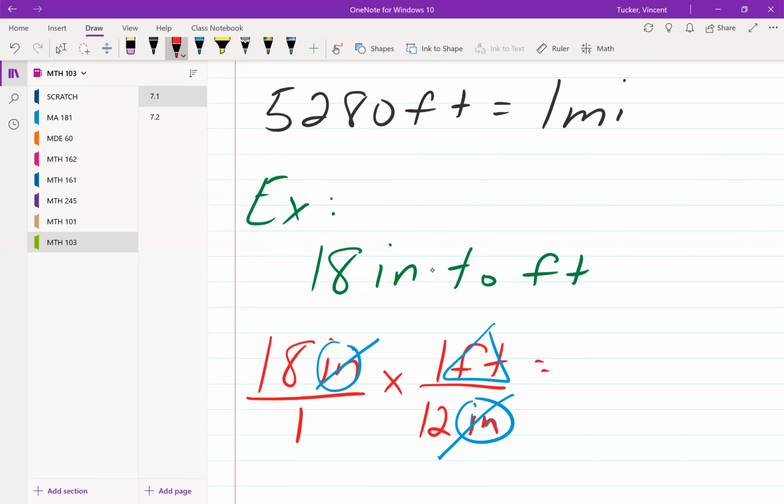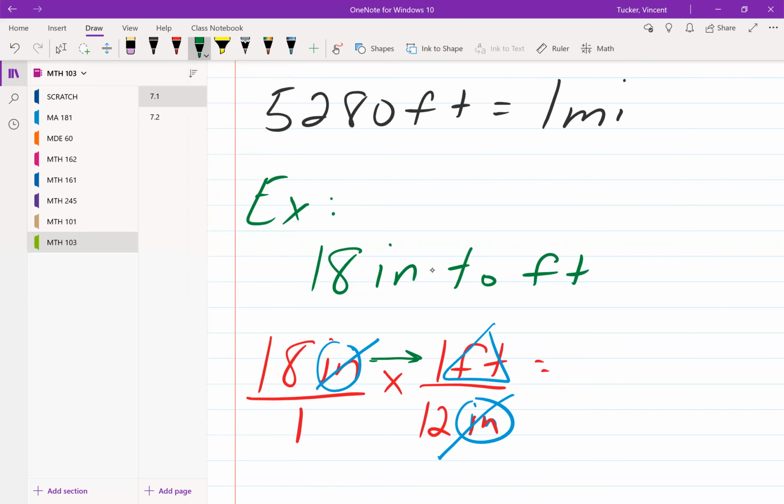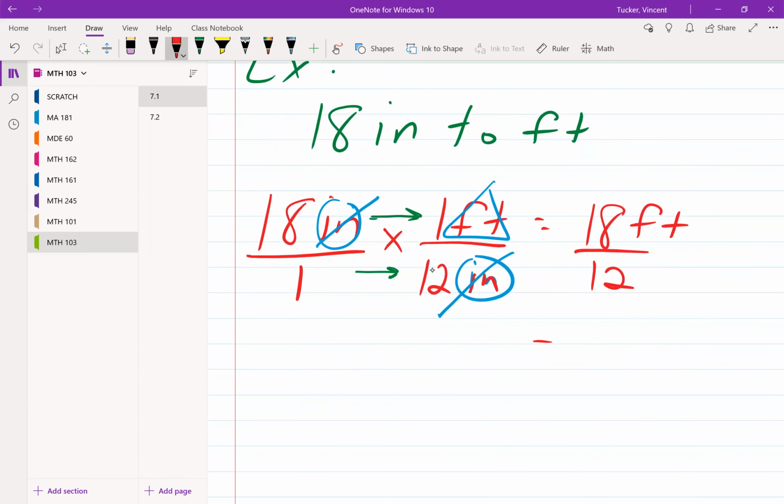So now I can multiply across. I'm left with 18 feet over 12, or 18 over 12 feet. And of course, you would be asked to reduce that. You can either simplify it by canceling out your fractions, or if you just divide 12 into 18, that would be 1.5 feet.